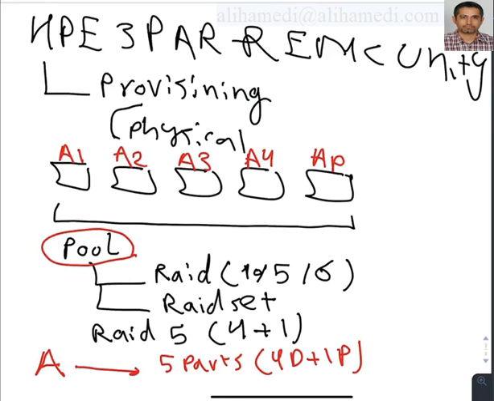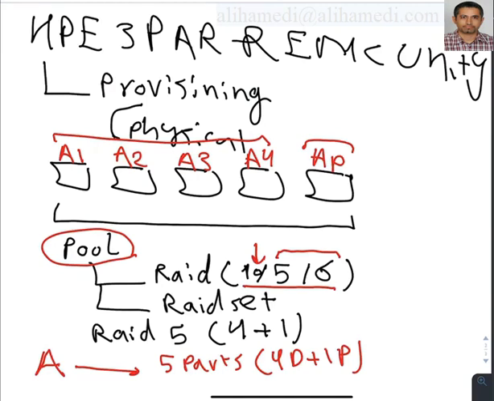A1 to A4 are data and AP is parity. We know that in all of the RAIDs except the mirror, in parity RAID like RAID 5 and RAID 6, the parity will be distributed across all of the disks in the pool.